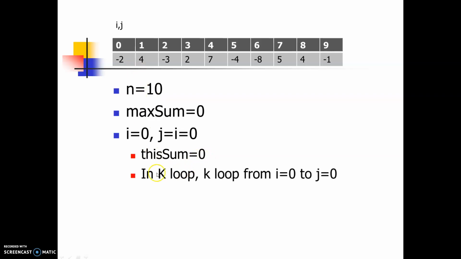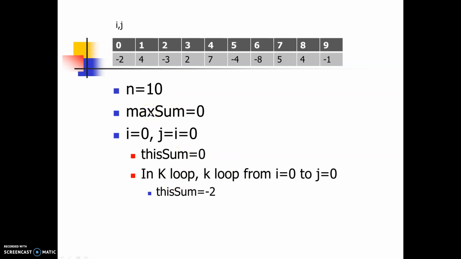So when we do the k loop, we start from the i location and go to the j location, and we sum up all the values that we have found between this range, and we will get this sum equal to -2. Since this sum is -2, it is not greater than maximum sum, so we will not update it. And then we will move our j to the next location.